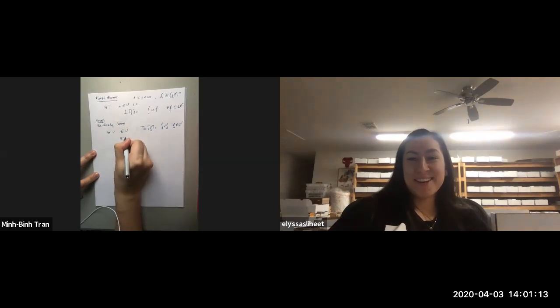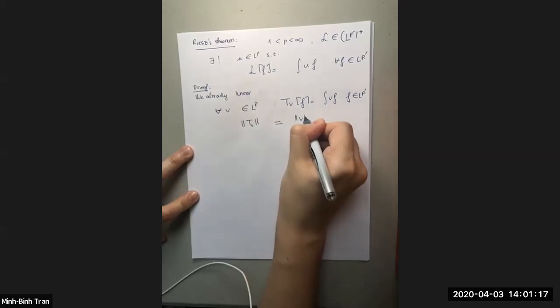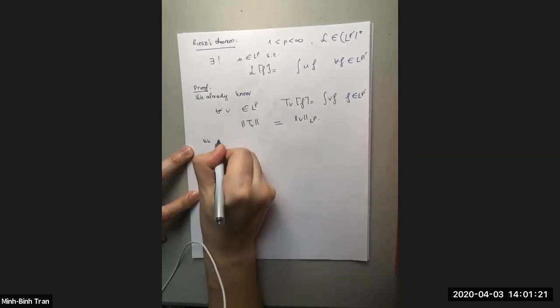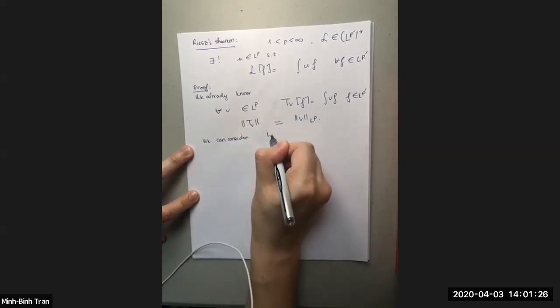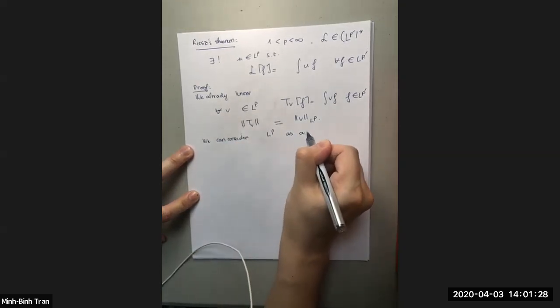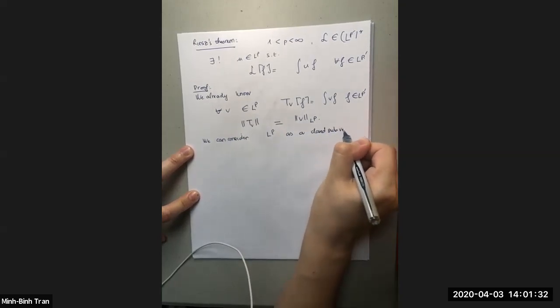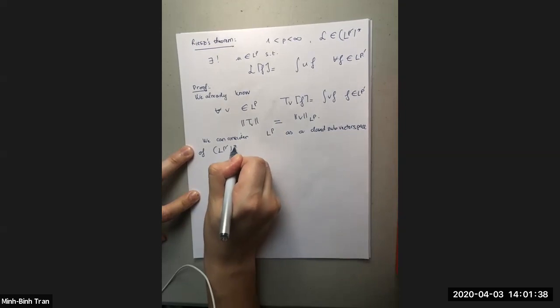In this case, the norm of T_v is the same as the norm of v in L^p. This is why we can consider L^p as a closed subvector space of (L^p')*.